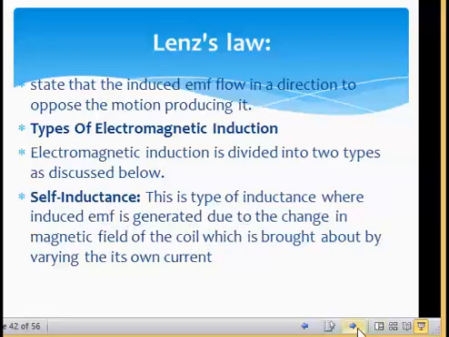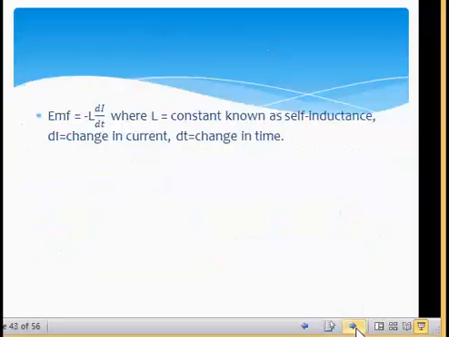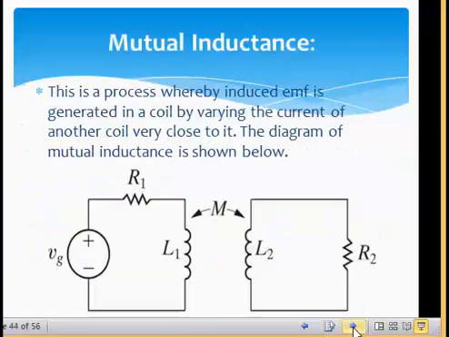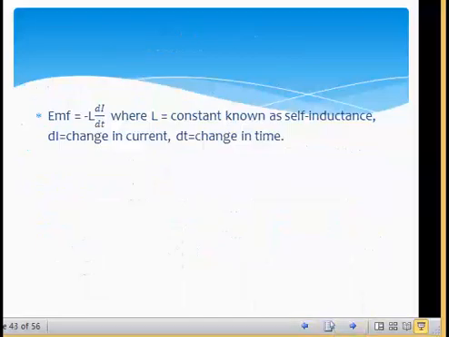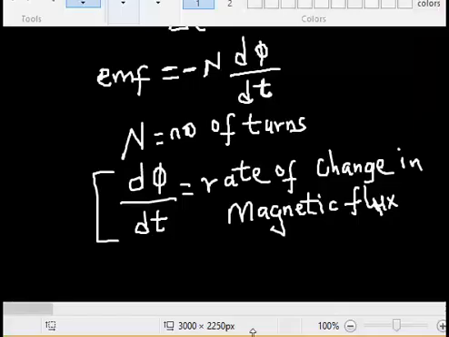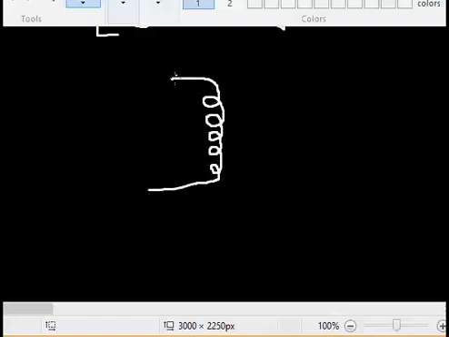How does it work? Let's look at how it works. If I have a diagram here, let's see. Let's say I have a coil, and I don't bring magnets to this coil.